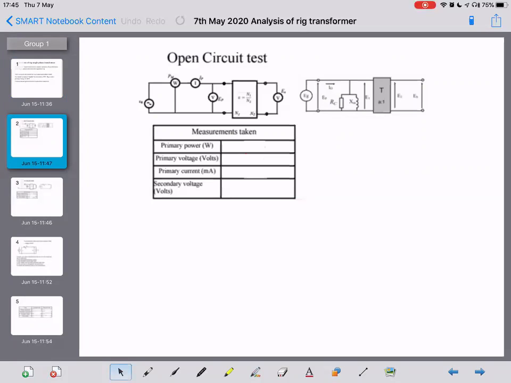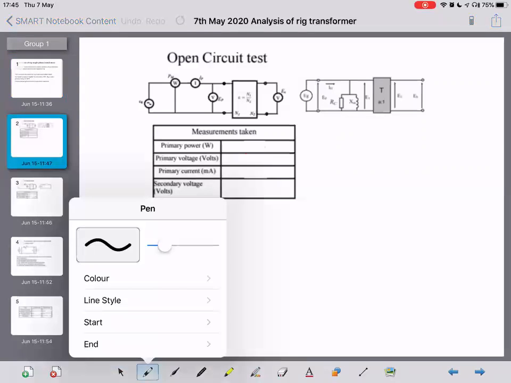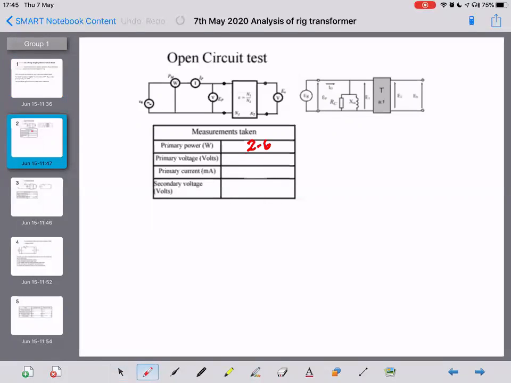And in previous times when that experiment has been done, we had the following readings: power 3.6 watts, the primary voltage, which was set to 400 volts, which is the nominal primary voltage of the transformer. The current measured in that primary circuit was 19 milliamps, and the secondary voltage open circuit was 251 volts.